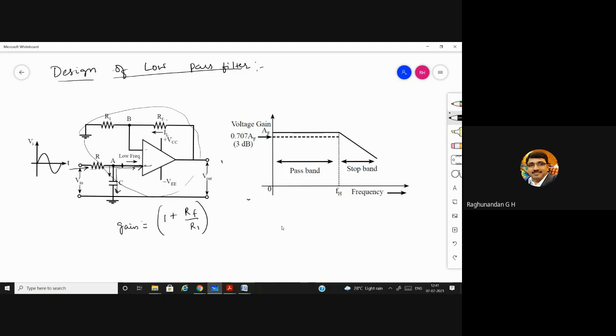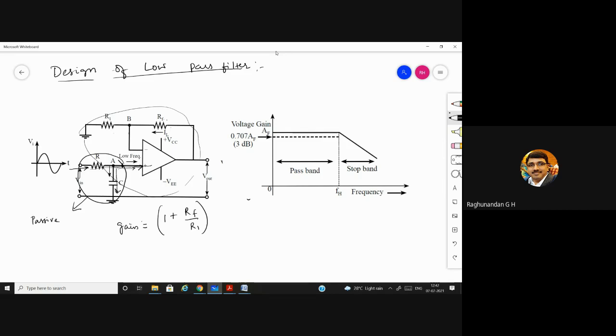Now, already we know that the op amp is going to offer high input impedance and low output impedance. So the gain can be obtained by using these two resistors, and for this we need to derive the equation for the gain, and the frequency response is as shown. When we consider this portion, this is actually a passive filter.